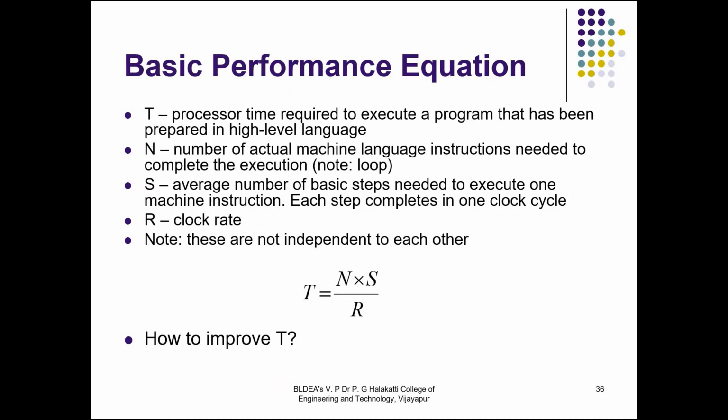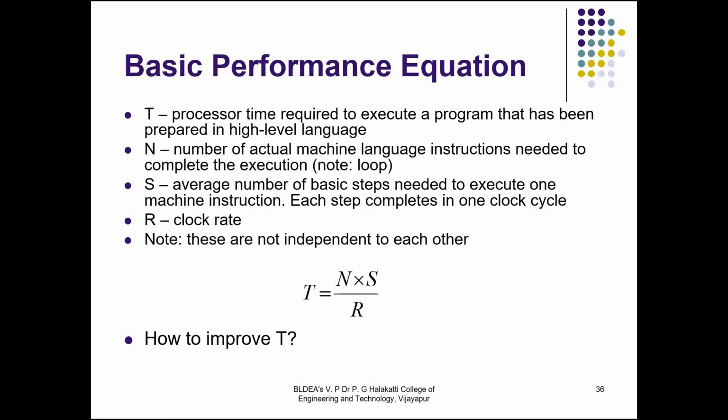I hope you remember this equation, wherein I find T, the processor time required to execute a program, which is equal to N into S divided by R, where N is the number of actual machine language instructions needed to complete the execution, S is the average number of basic steps needed to execute one machine instruction, and R is the clock rate.